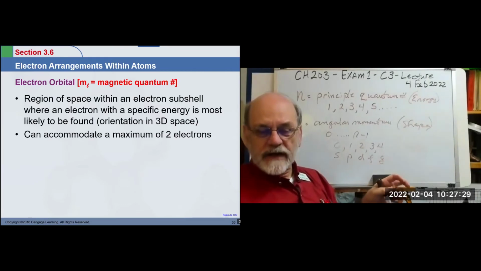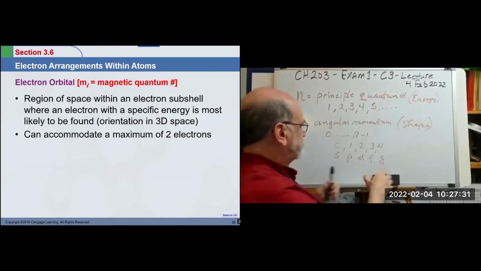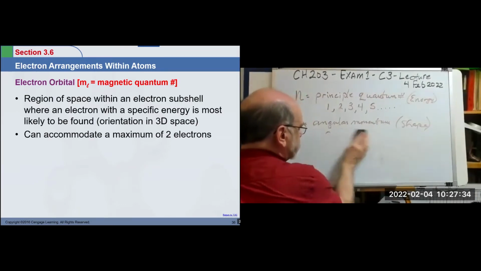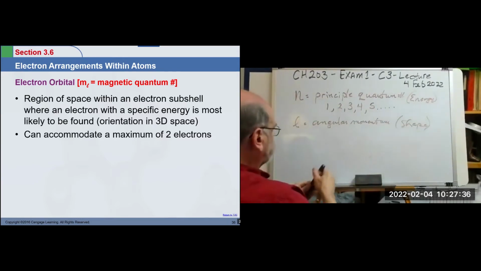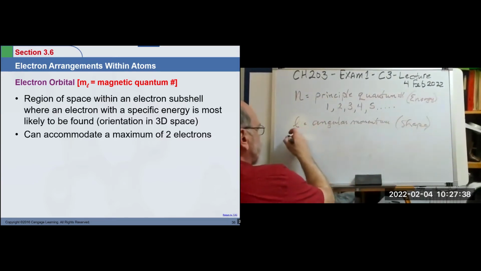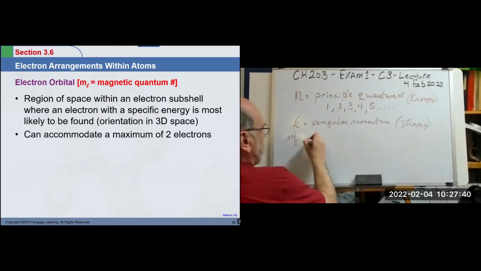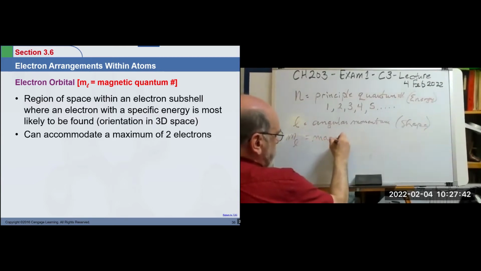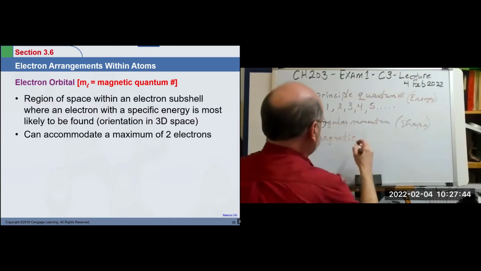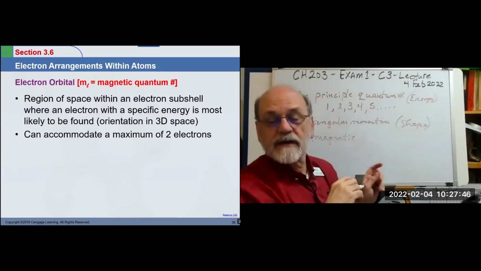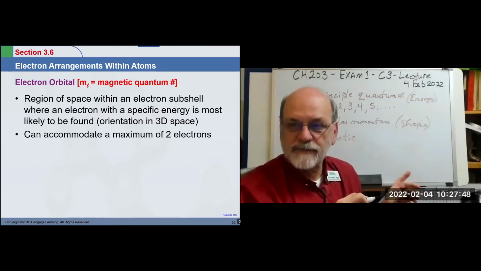So the next one is the magnetic quantum number, which is M sub L. And this is orientation in space.